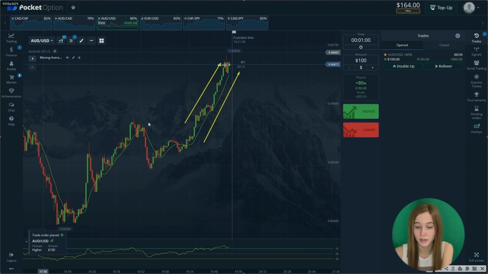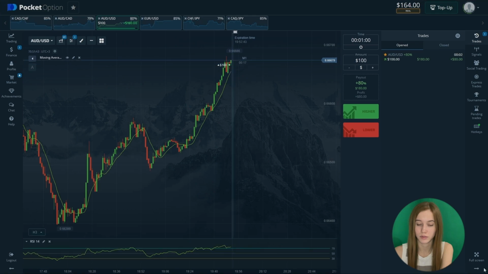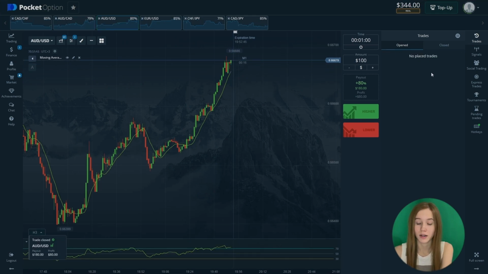Green bars, quite correct. So we opened correctly. RSI is in the down position because of a red candle. We are near the overbought zone. Great, plus, the deal profit is $80.